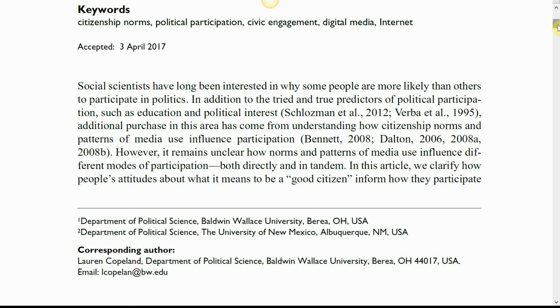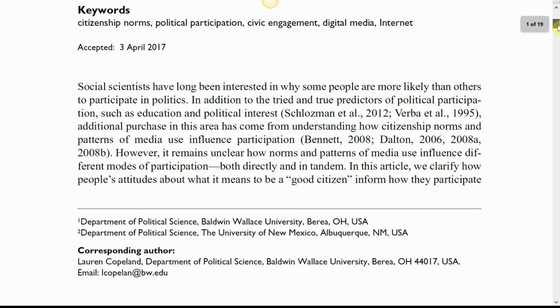It's pretty important. If we look around the world, look around the country, we notice that some people just don't vote, or some people don't read the newspaper or online articles talking about politics. They don't discuss politics. They don't get involved in their community. So we might be interested in why some people do and some people don't. And in fact, we've been doing this for a long time.